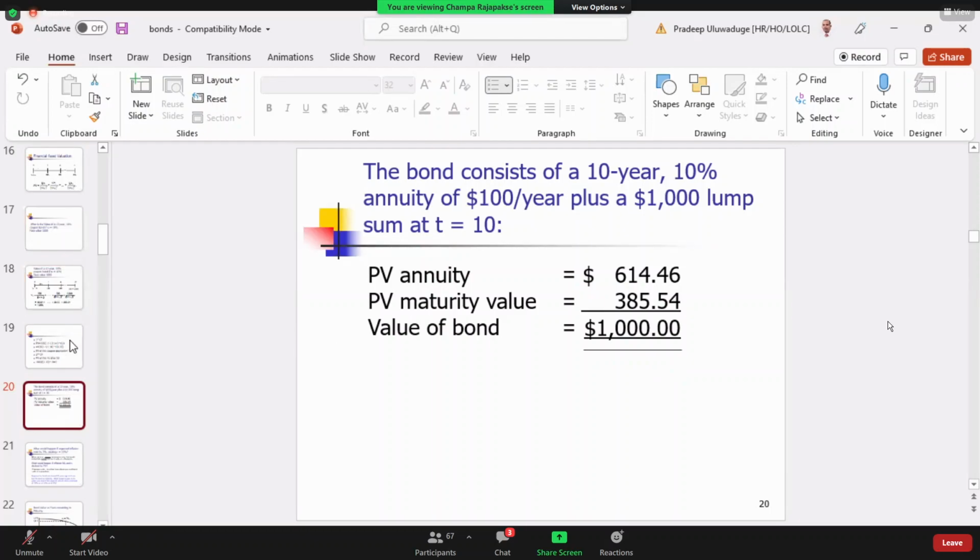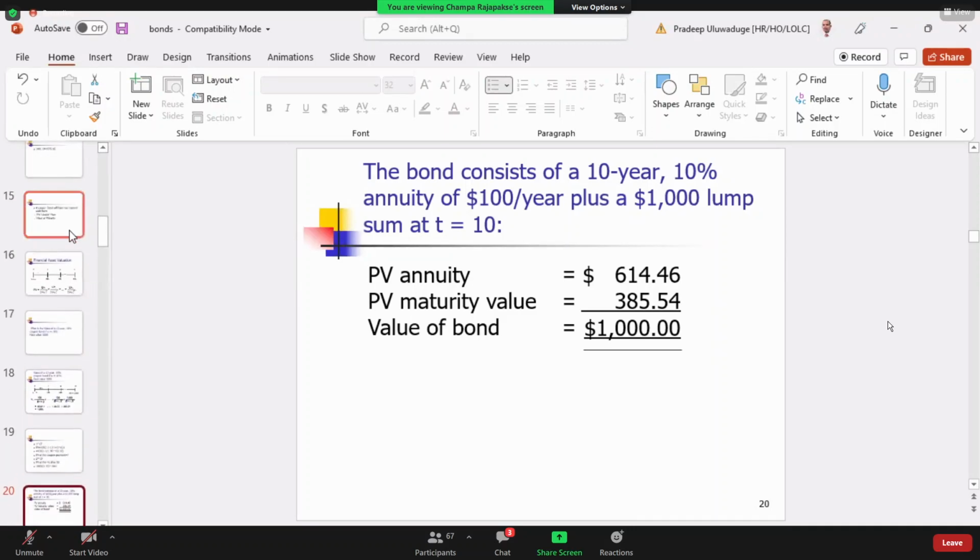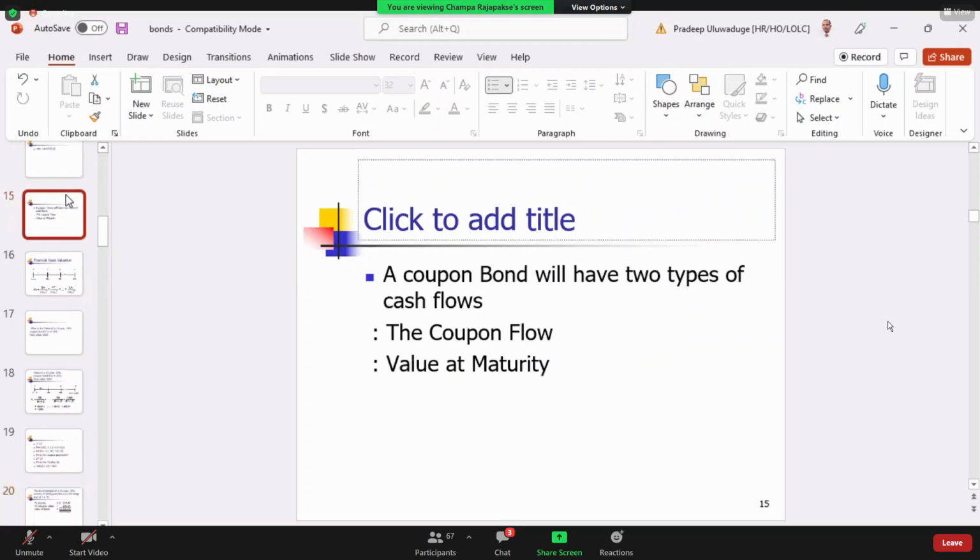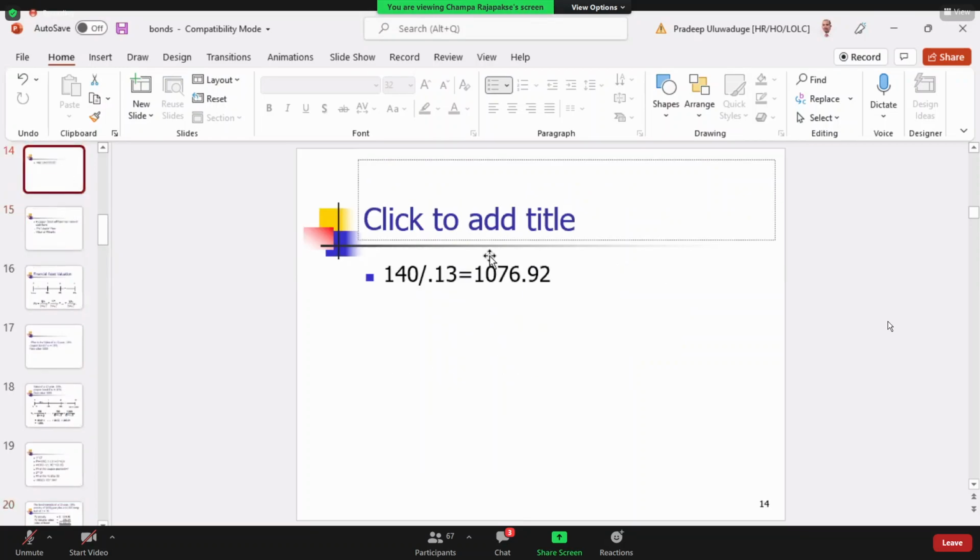So one person wanted me to give the answer to the perpetual bond. Answer to the perpetual bond is this. Madam, can you repeat this answer again?